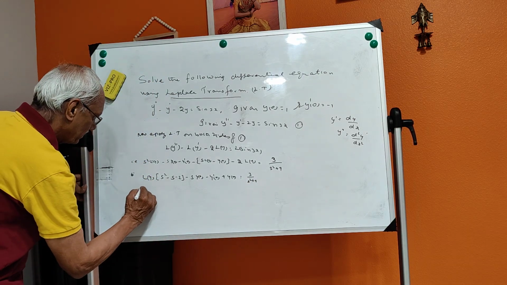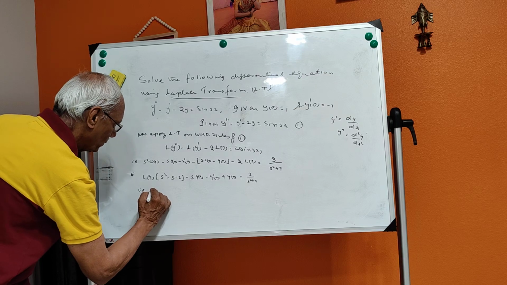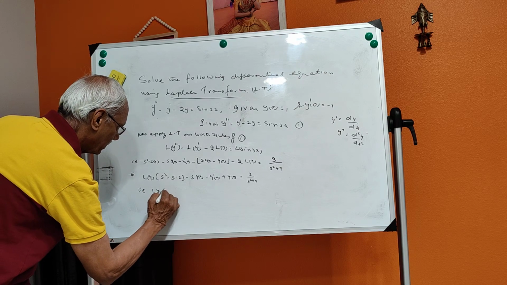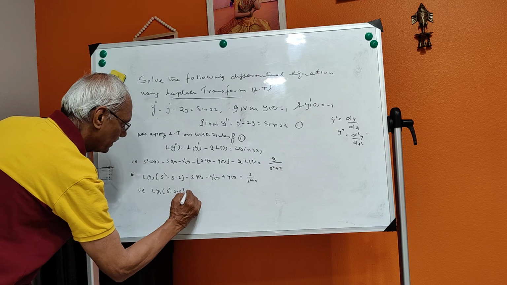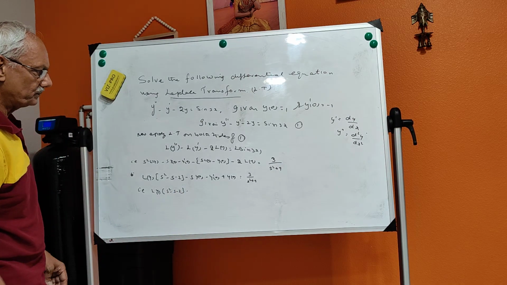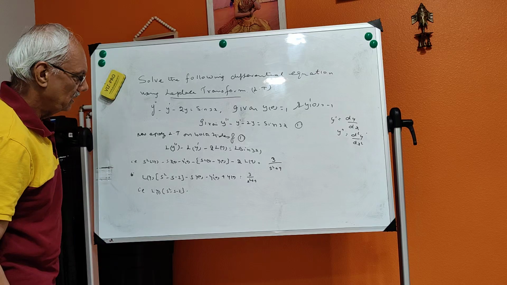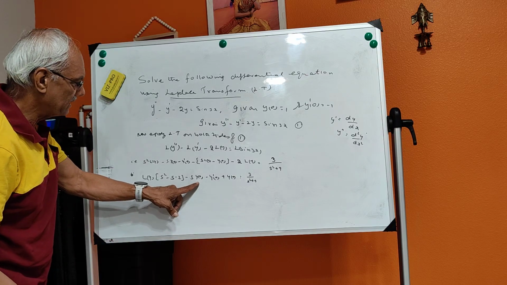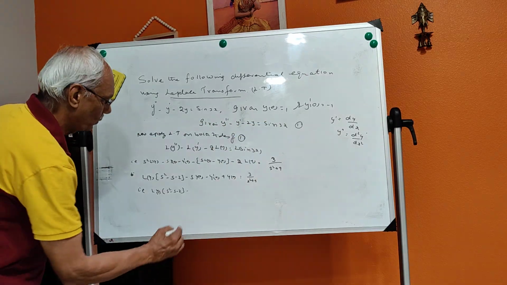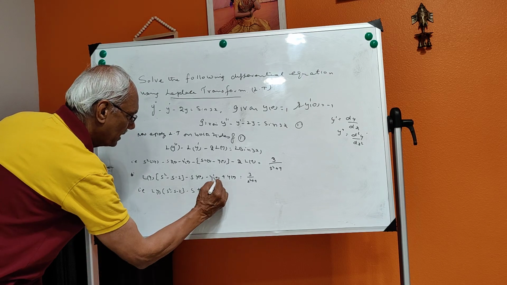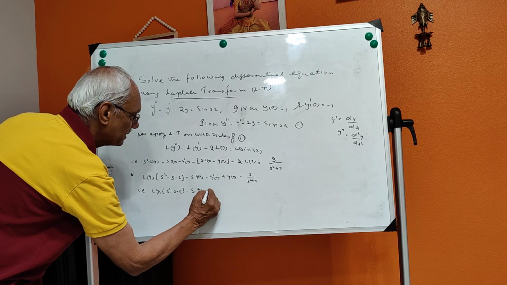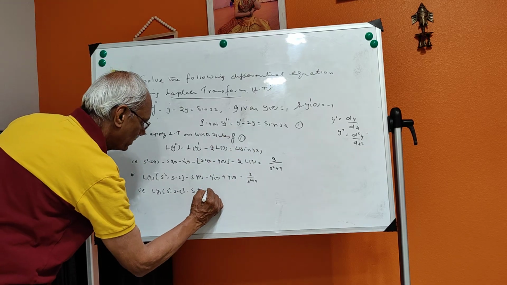So that is L of y into s square minus s minus 2, minus s times y of 0. The y of 0 value is 1, so minus s. Minus into minus is plus 1, and this y dash of 0 value is 1.